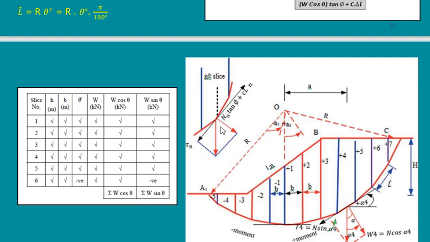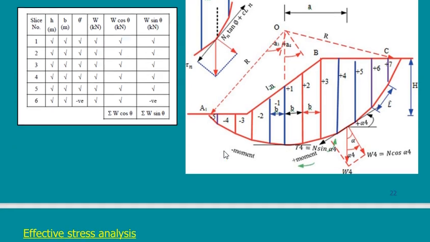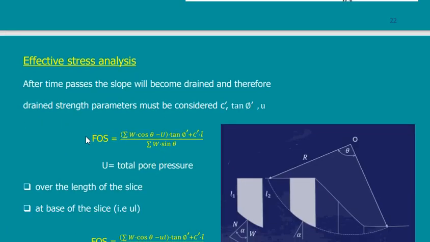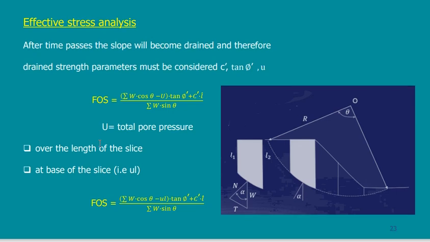So finally, the angle theta is the angle between the vertical force and the vertical component to the tangent. So this is the value of phi. I just substitute in this table to get the factor of safety.